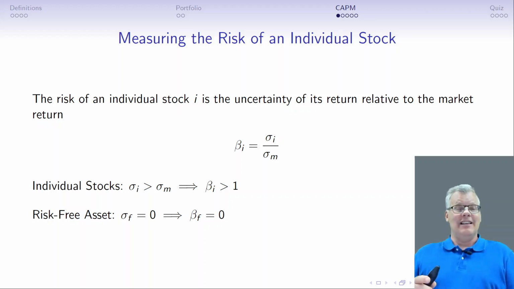That implies that the standard deviation of the return, sigma sub f, is 0. So that means that beta for the risk-free asset must also be 0, meaning that the risk of holding Treasury bills relative to the risk of the market as a whole is 0.